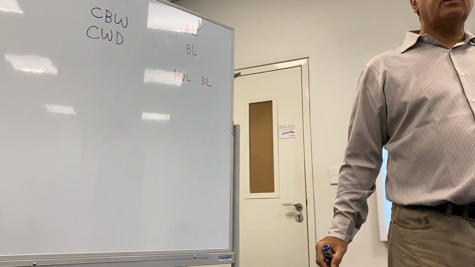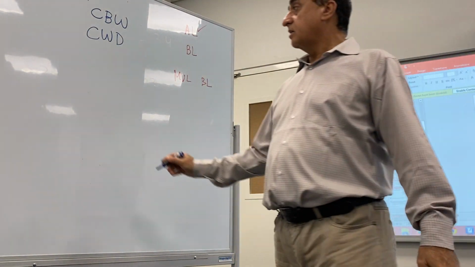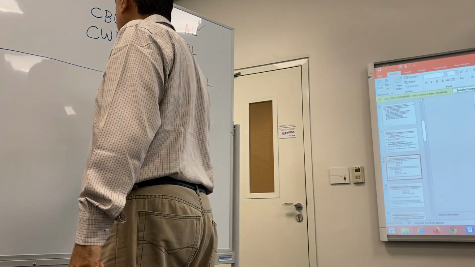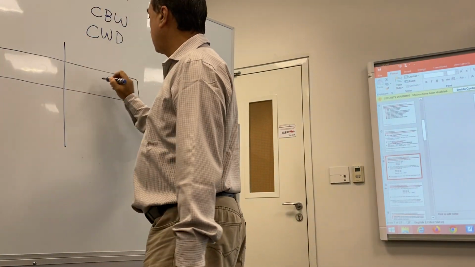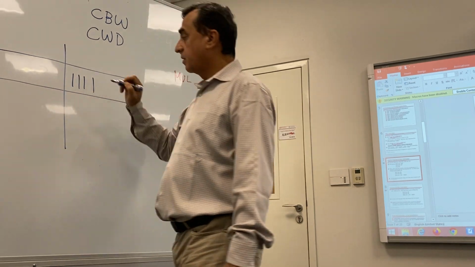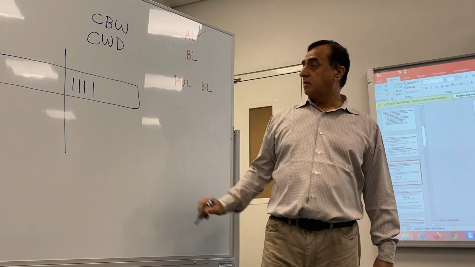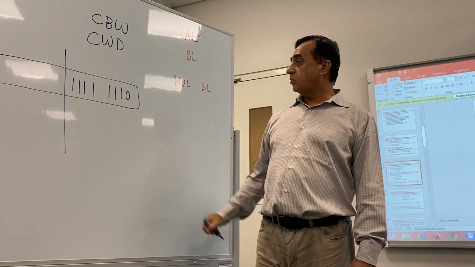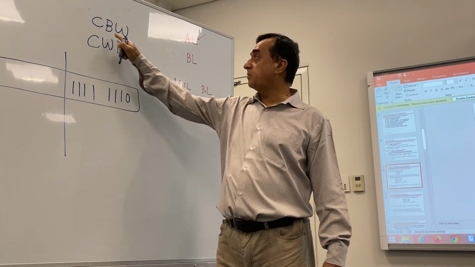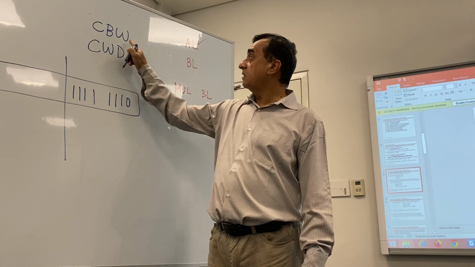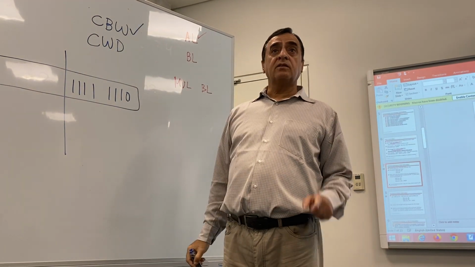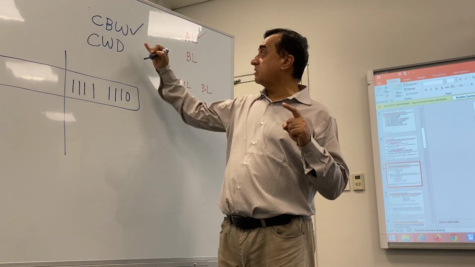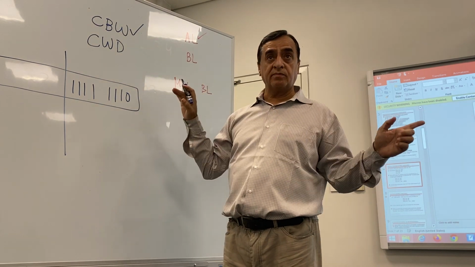How do they make it? Over there we are considering FE, right? How will I make it a word? From byte to word, this instruction. Please pay attention here, because the operation of these two is the same.